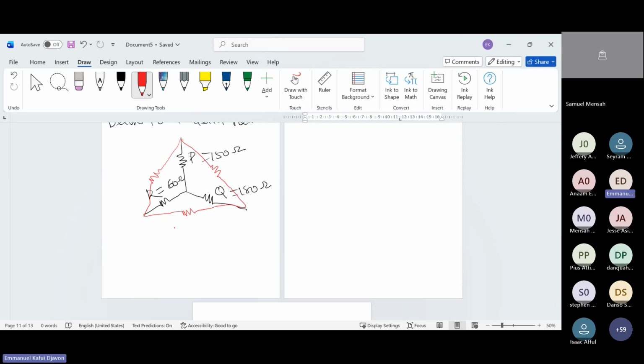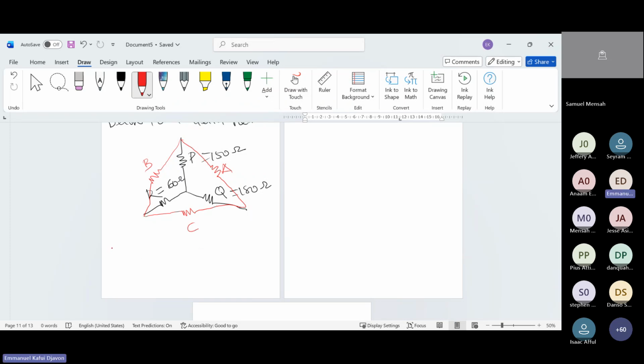Good. Now, you know this is A, this is B, and the base is C. Am I right?